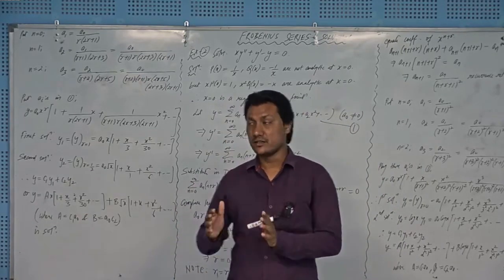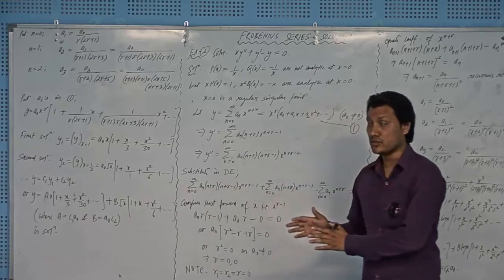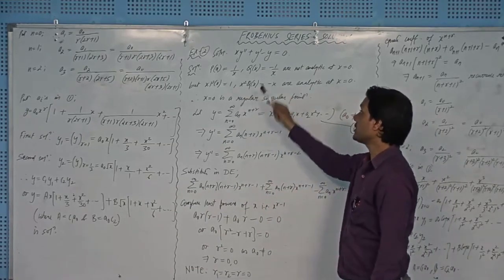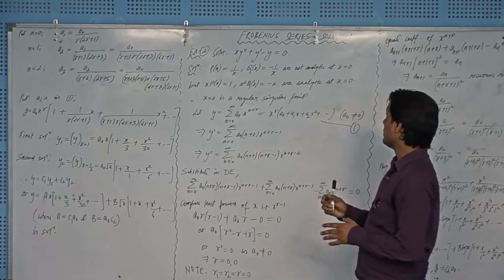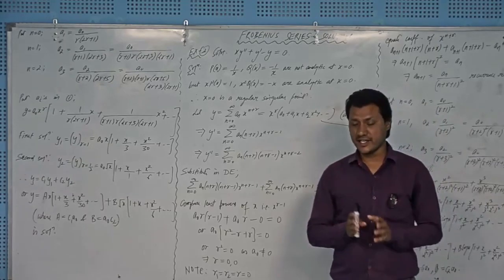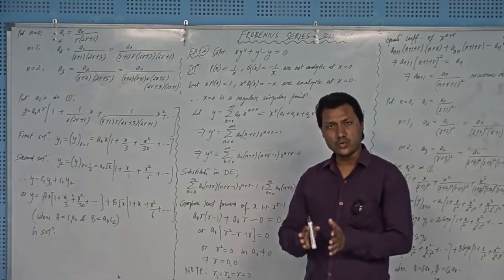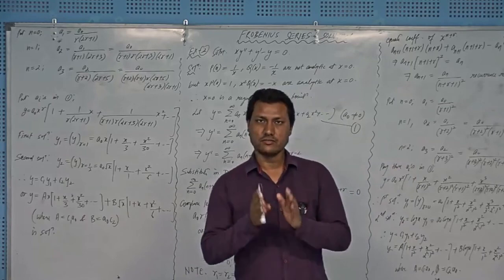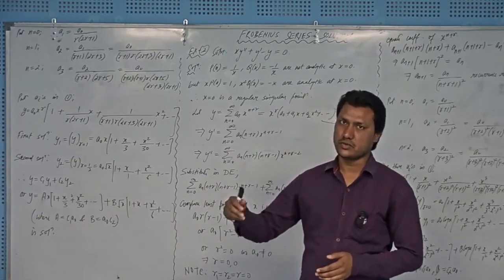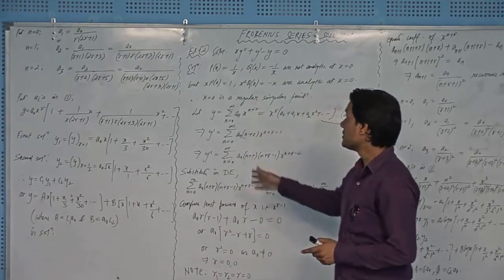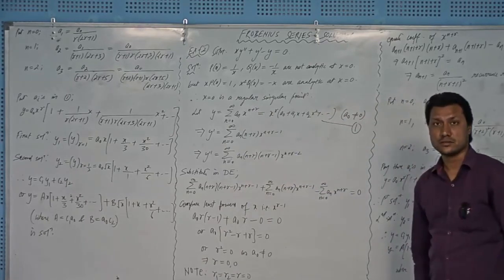It means that to use this method, your p(x) and q(x) may have a singularity at x equal to x naught, but not worse than 1 over x minus x naught and 1 over x minus x naught whole squared. In that case, you can use this Frobenius series method, right?